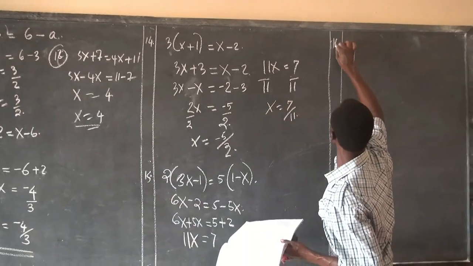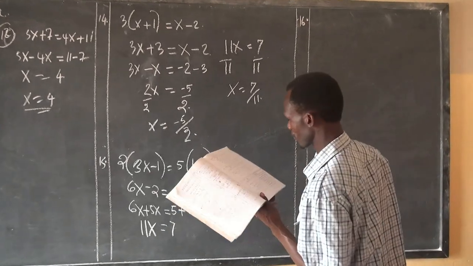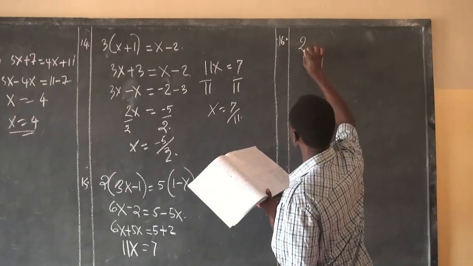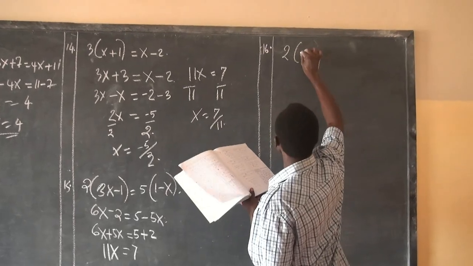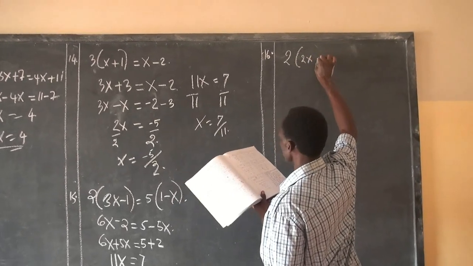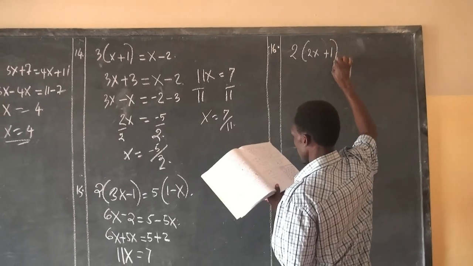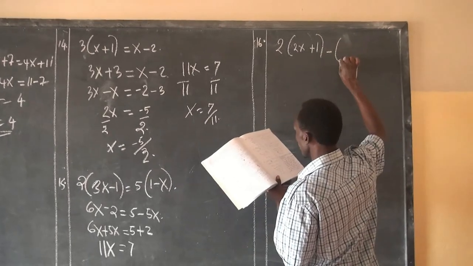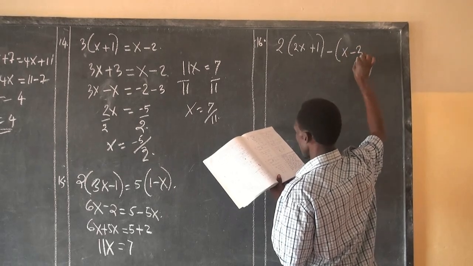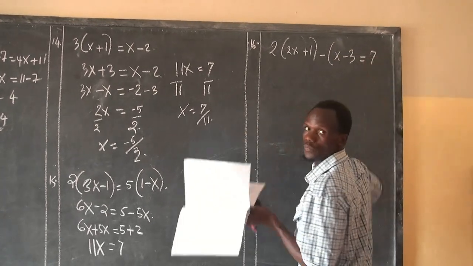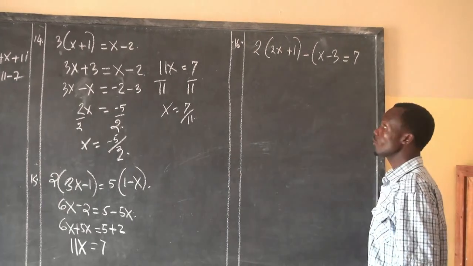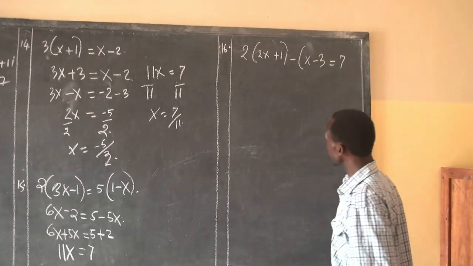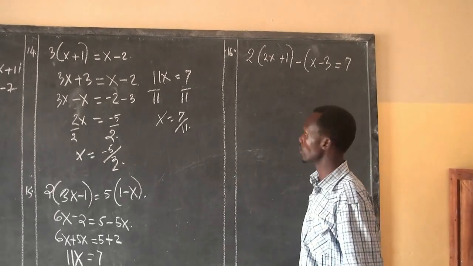Example number 16. We have 2(2x plus 1) minus (x minus 3) is equal to 7. Are we together? Now, if that is the case, let us open the bracket.